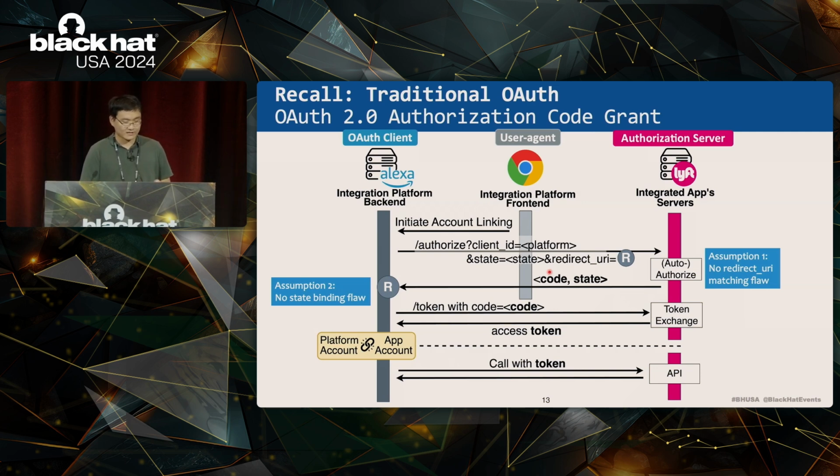So if the state is not correctly bound or matched against, it could end up with a login CSRF attack. But since we like to explore those new security challenges in account linking, we assume that the platforms and the apps are all exempt from these common flaws, or at least our attacks do not depend on these flaws.